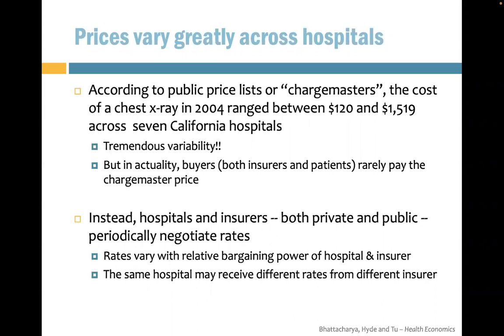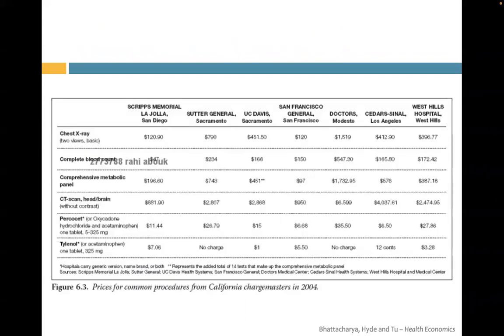But if a mother comes in with Medicaid or a private insurance, then the hospital might be able to get different things, a different amount of money. Okay, so that's also a part of the price differentiation. This is another graph for the chest X-rays, about 7 different hospitals in California.